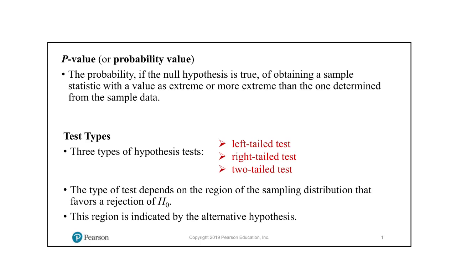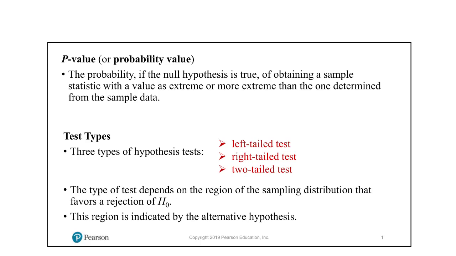This p-value is what's going to tell us whether we should reject the null hypothesis or fail to reject. It's attempting to compare the sample we got with how representative it is of the actual distribution. And we'll see that as we move along a little better.